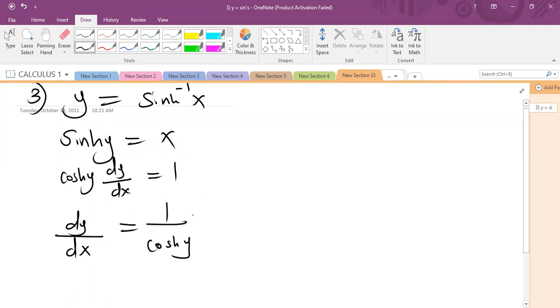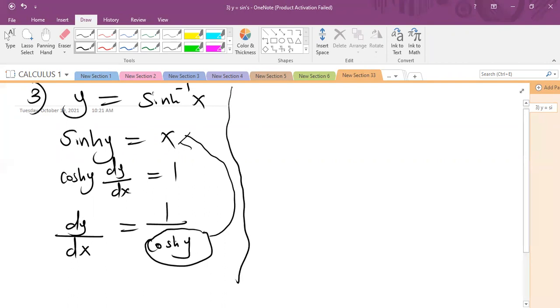So you already have your answer, but you need to write it in terms of x. So come and look at this relationship here. x is related to sinh y. So I will look for a relationship between sinh and cosh. From the hyperbolic identities, cosh squared theta minus sinh squared theta is equal to 1. I know probably you guys can't remember this, but you should.